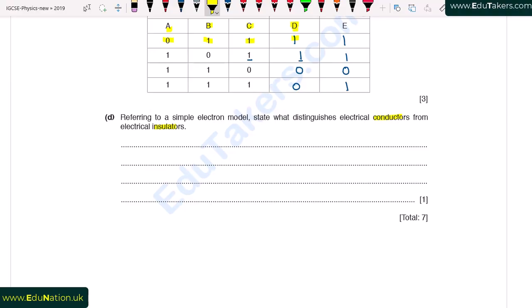So I write here conductors have free electrons as compared to insulators, because insulators do not have free electrons.